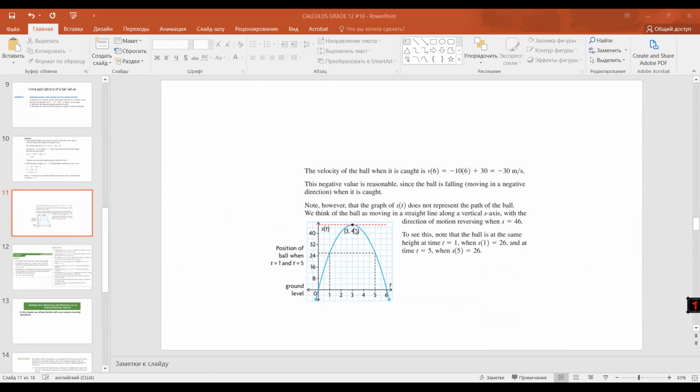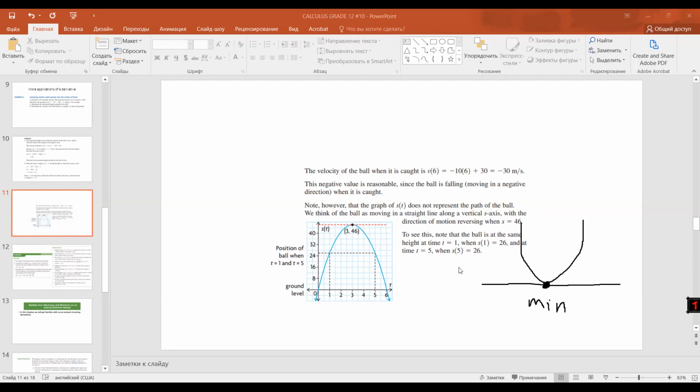In this case, it's the maximum value, when the function reaches its maximum. But for example, if we had a parabola like this, and we find the point at the bottom of the curve, it would be the minimum. You got it?